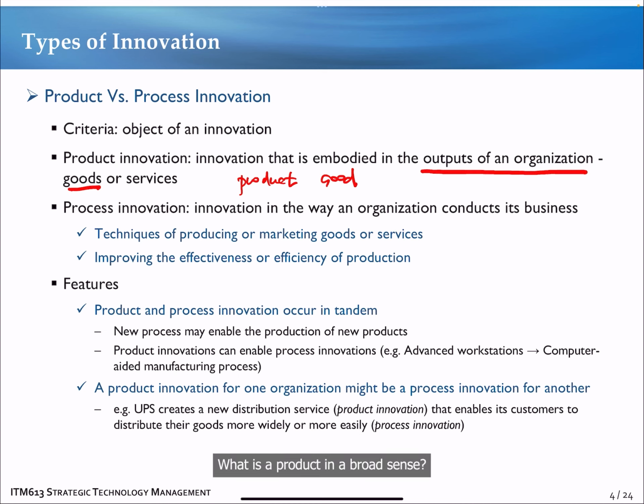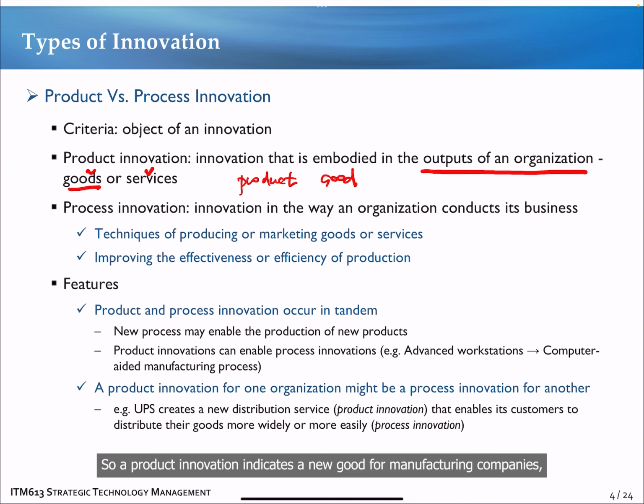What is a product? In a broad sense, a product means something sold by an enterprise to its customers. So when this is the case, products include both goods and services. So a product innovation indicates a new good for manufacturing companies, and it also indicates a new service for service companies.